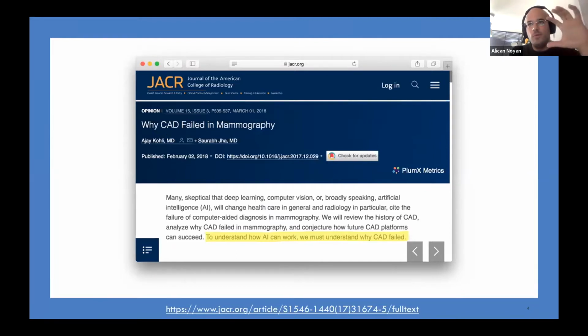So this is also very important to read. There are lots of reasons. So this is not just one reason. So I invite you to read the paper. But they note, this is very important, this sentence: to understand how AI can work, we must understand why CAD failed. But I want to extend this. We must understand why all these projects are failing. Only that way we can build successful projects.